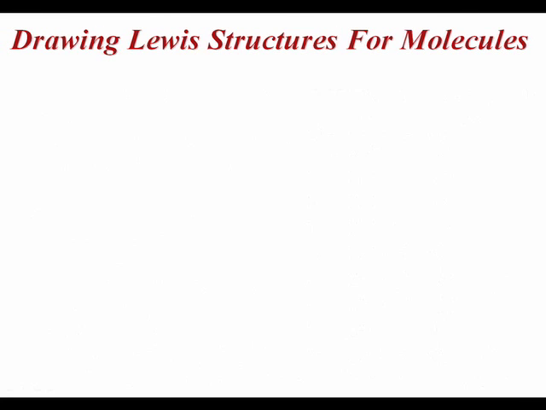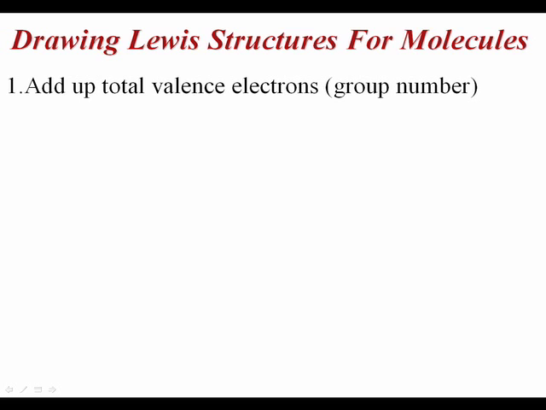So how do we draw Lewis structures? For molecules, we will take a number of steps. We add up the total valence electrons, which is going to be the group number for our main group, remember, our A group, for each one of the atoms in the molecule.